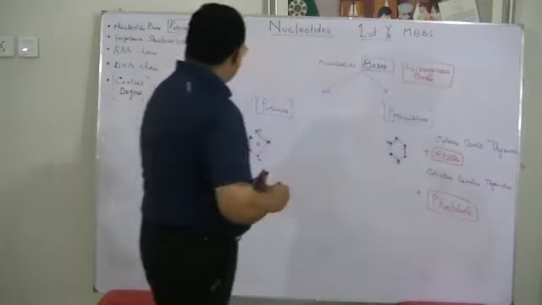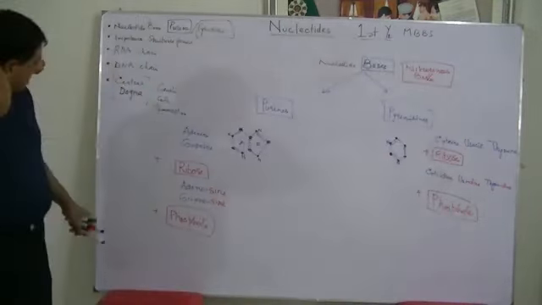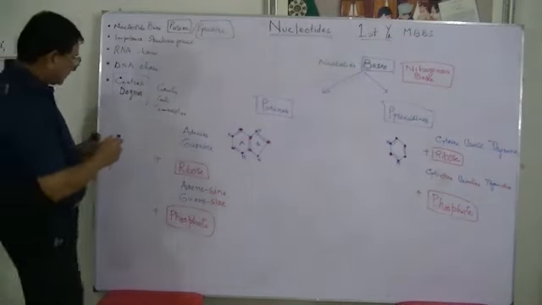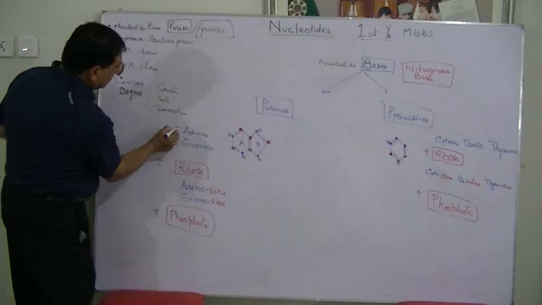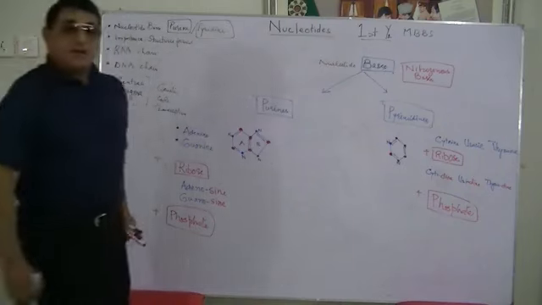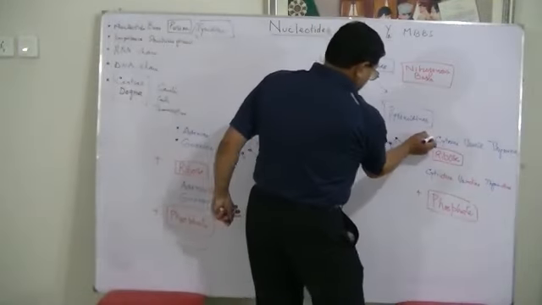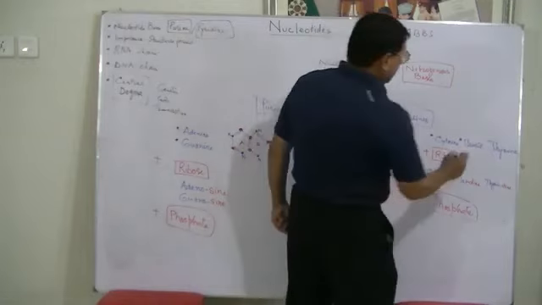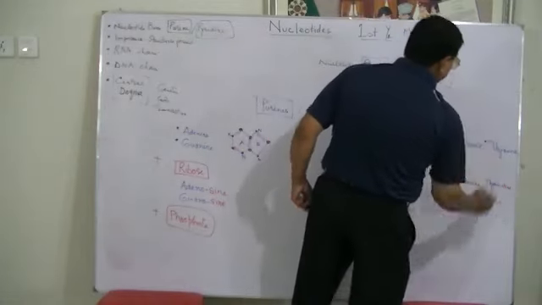So, these are adenine, guanine. These are purine bases. And the pyrimidine bases are cytosine, uracil, and thymine.